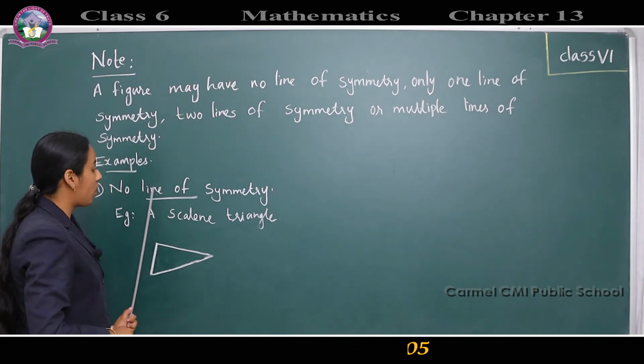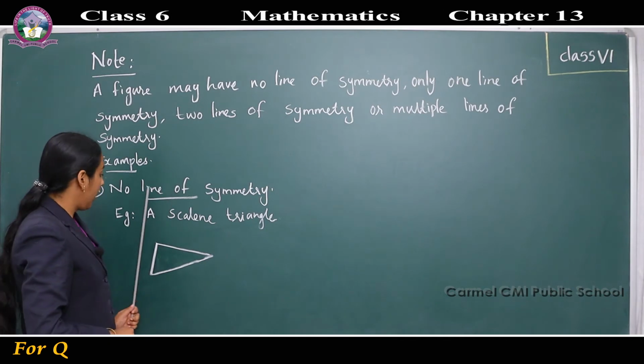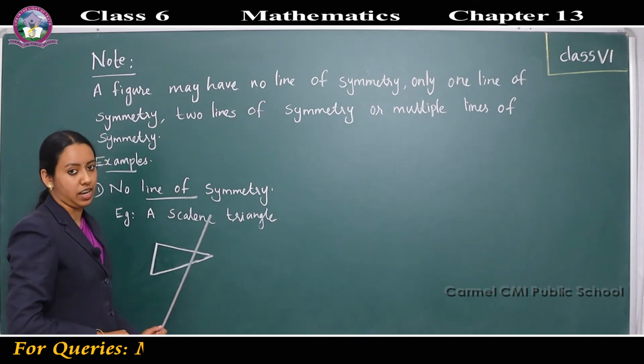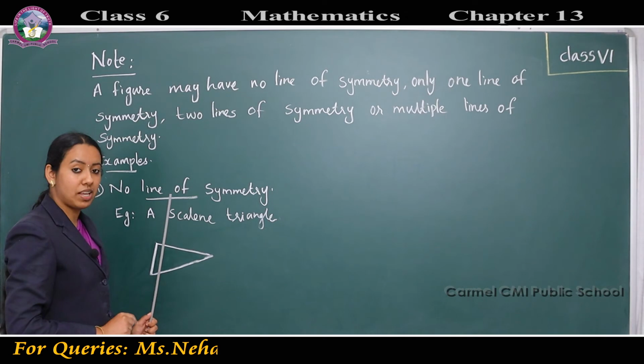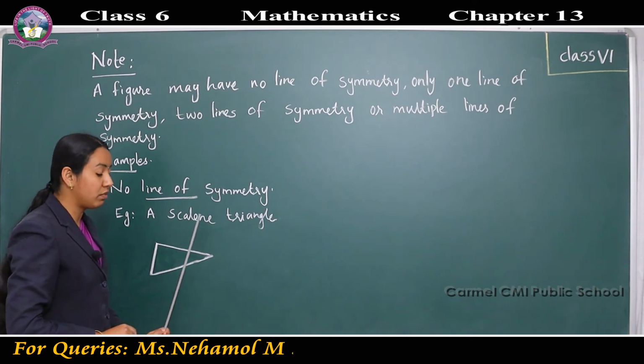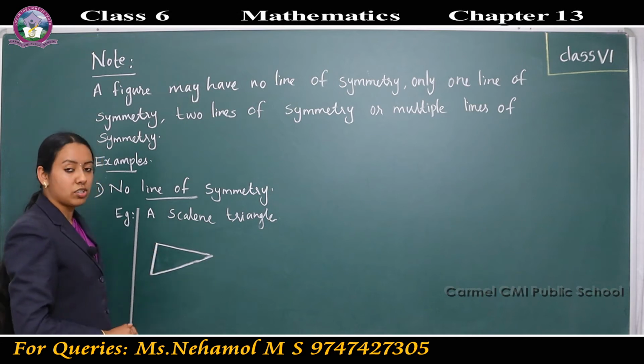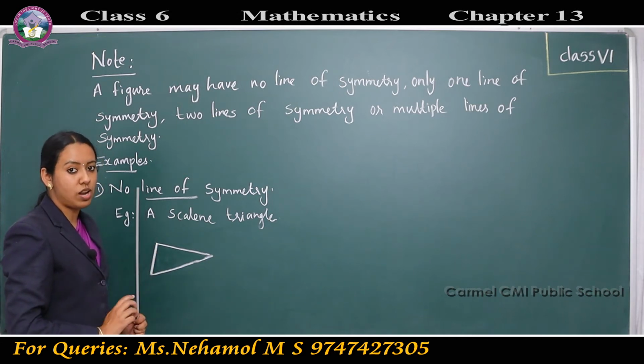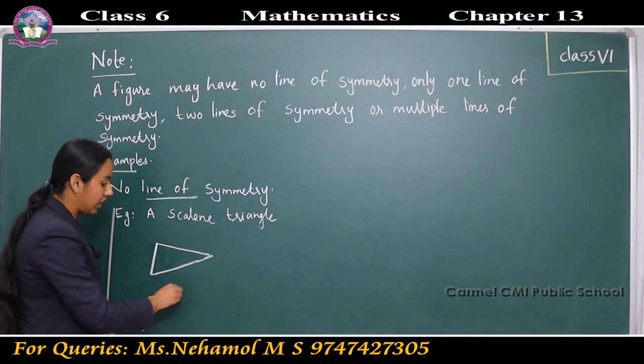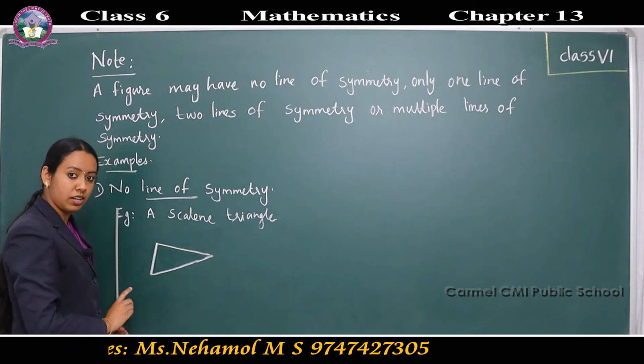First one, no line of symmetry. Example, a scalene triangle. What do you mean by a scalene triangle? A triangle in which all the three sides are different. For a scalene triangle, it has no line of symmetry. This is a scalene triangle. Three sides are different.